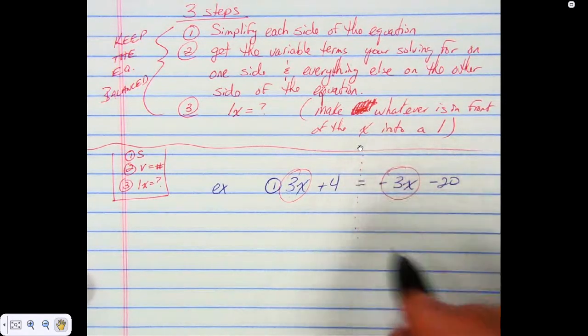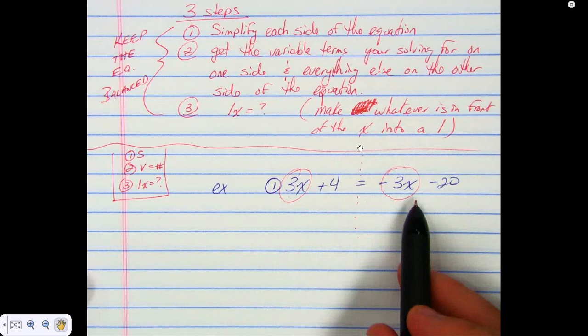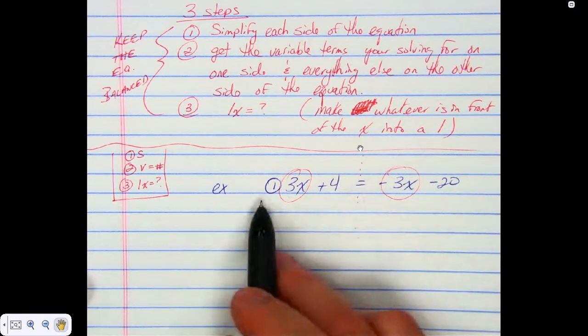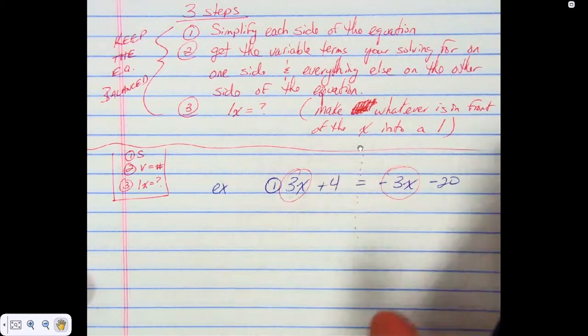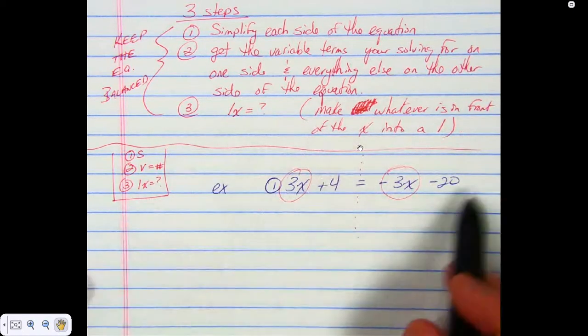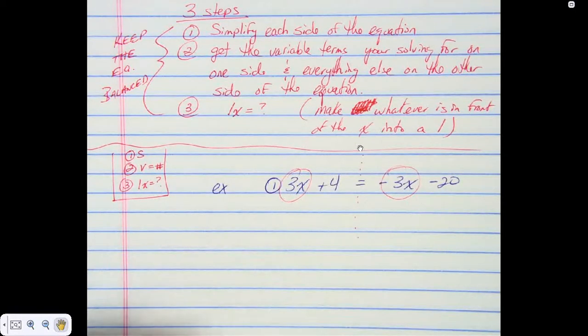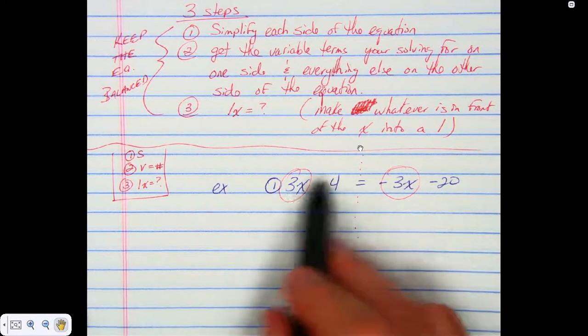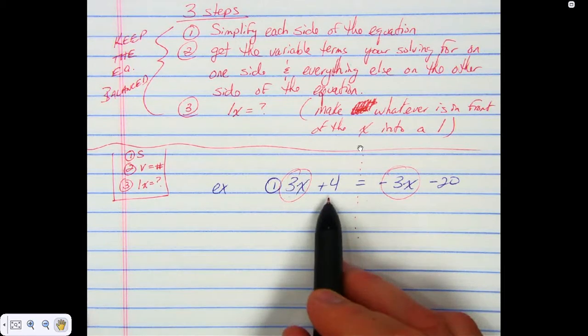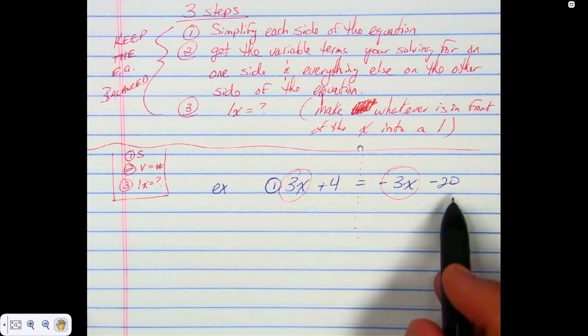And remember that things over here cannot be added to things over here. This is one side of the equation, completely separate from the other side. First of all, is there any simplifying to do here? Can I add 3x to 4? How about negative 3x to negative 20?